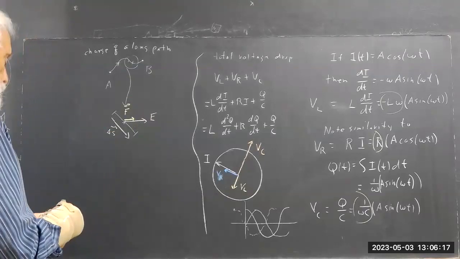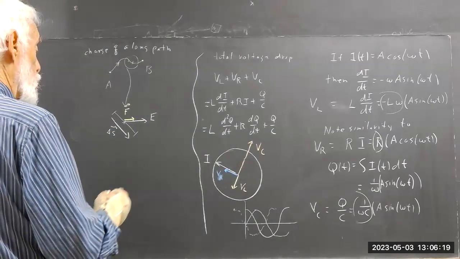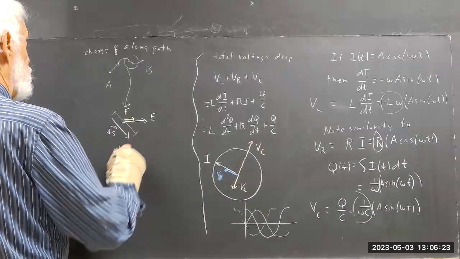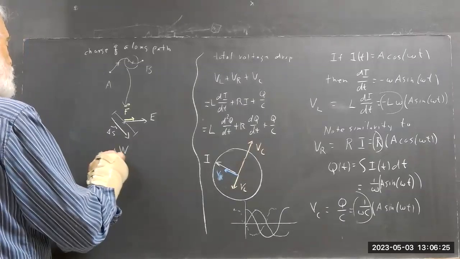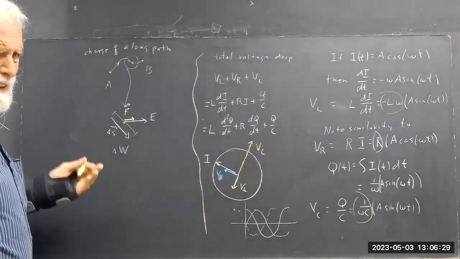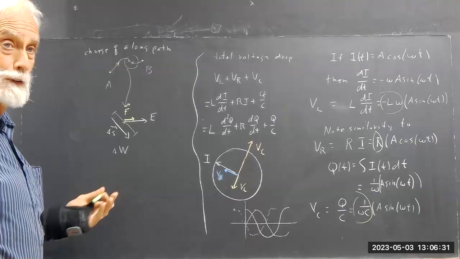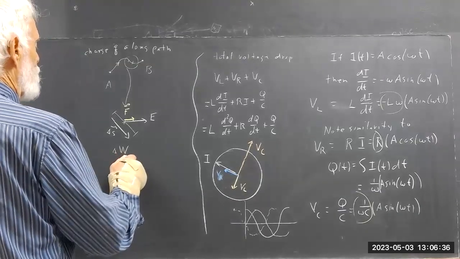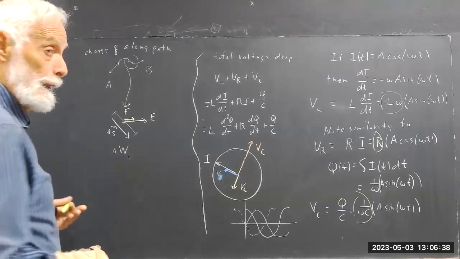There's the force. There's the work. I'm using the delta there because it's the work on an increment, but that's not a totally good notation. Still using it. The contribution to the work, we'll maybe call that W sub i.